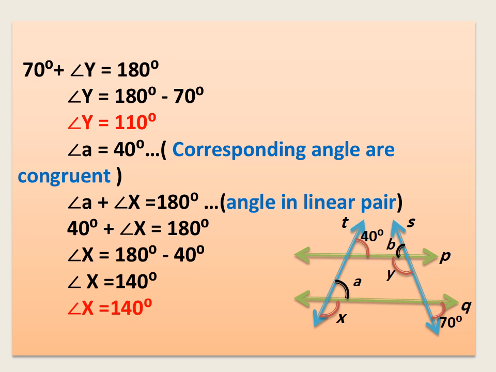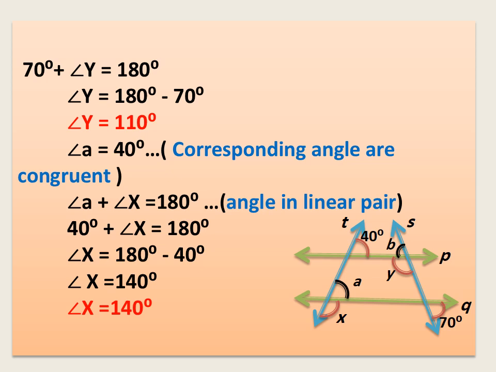Now, taking transversal T, here angle A and the 40 degree angle make corresponding angles. Therefore, angle A is equal to 40 degrees because corresponding angles are congruent. Therefore, angle A plus angle X is equal to 180 degrees because they are a linear pair.